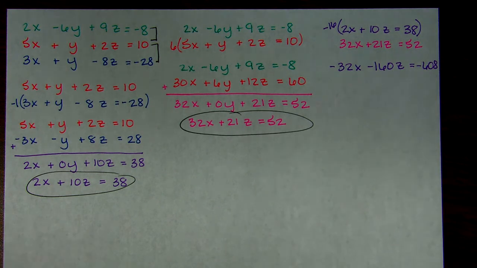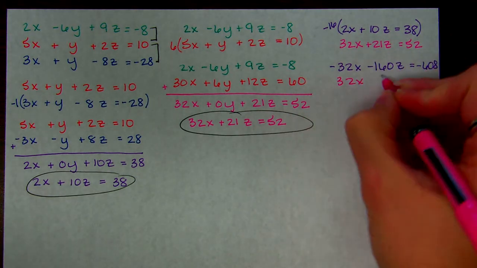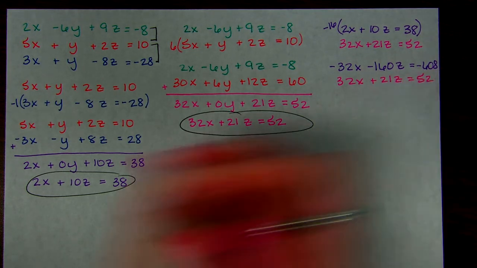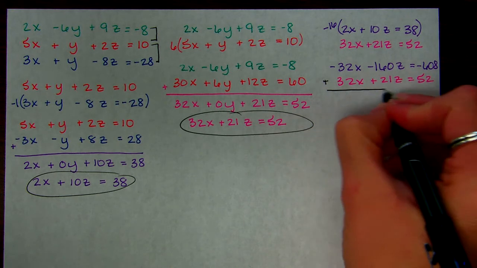That is our first equation. Our second equation didn't change, so this is 32x plus 21z is equal to 52. And what we're going to do is add those two equations together.